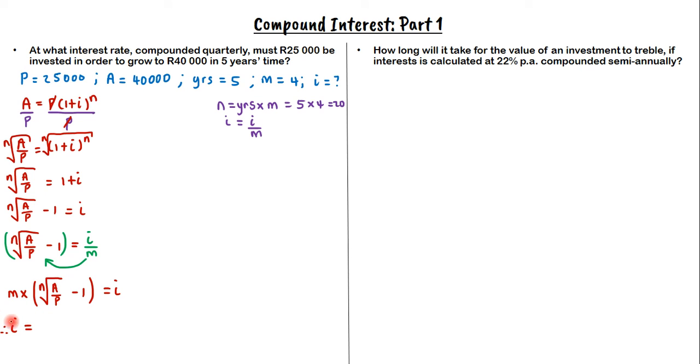Therefore, to calculate I, all I have to do is substitute M, which is 4, multiplied by, and then N is 20, the root of A, which is 40,000, and then P, which is 25,000, and then I say minus 1, and then I just press this in a calculator.